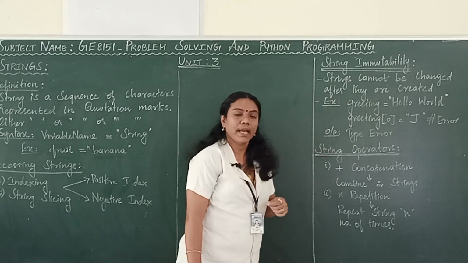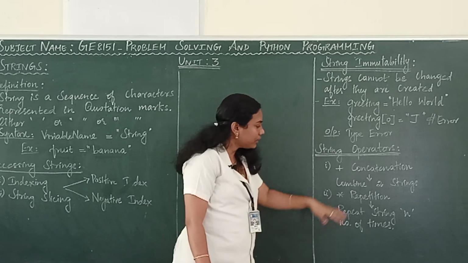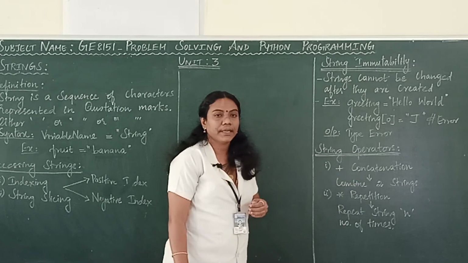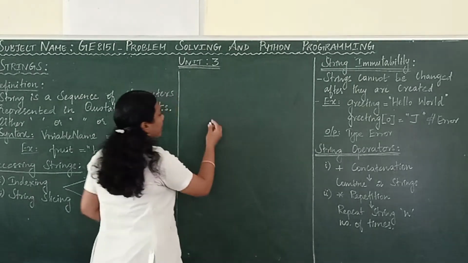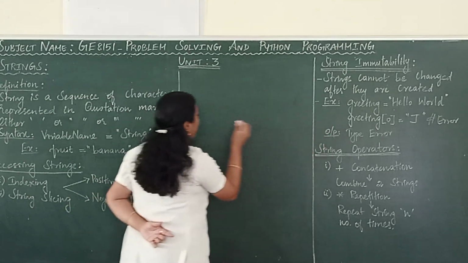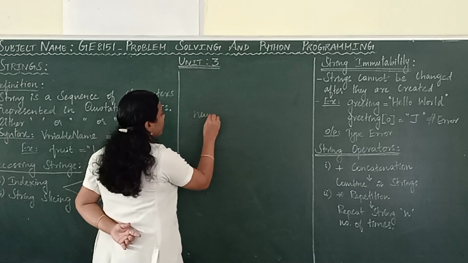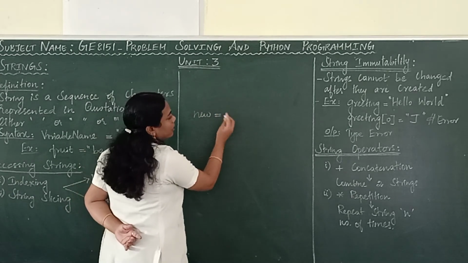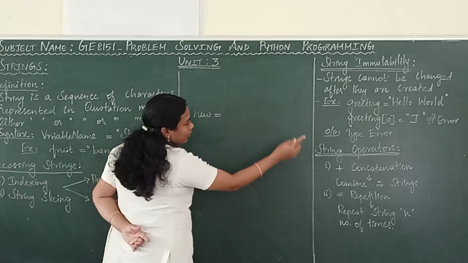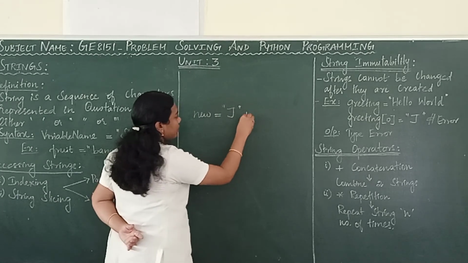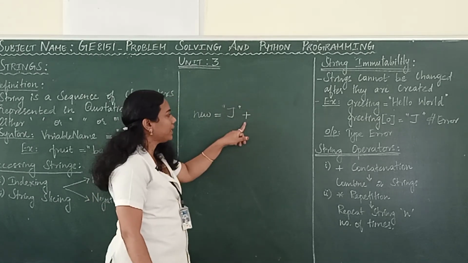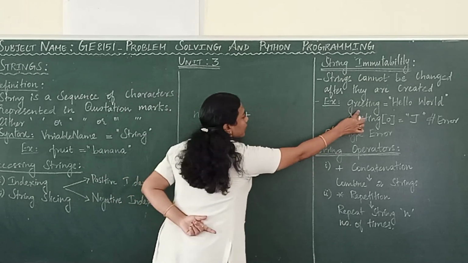Now, in the topic of string immutability, this particular statement was showing an error. Based on the concatenation operator, we can overcome this error. This statement can be changed like this. I use another variable, new. New is equal to the character j, plus, concatenated over the string.